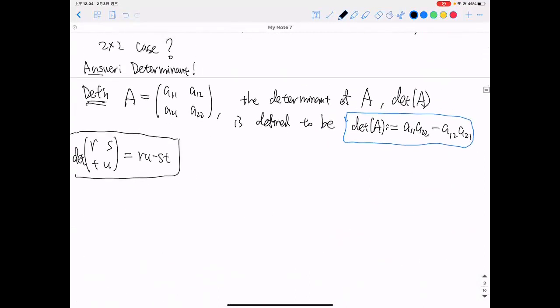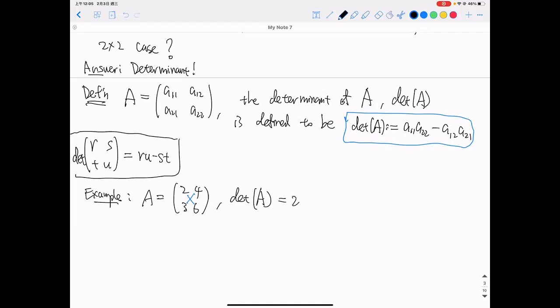So for example, and this is a very simple thing, if you have a 2x2 matrix, to compute its determinant, all you have to do is multiply across like this.